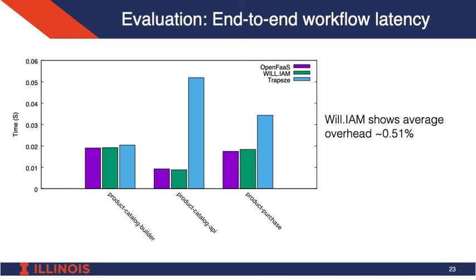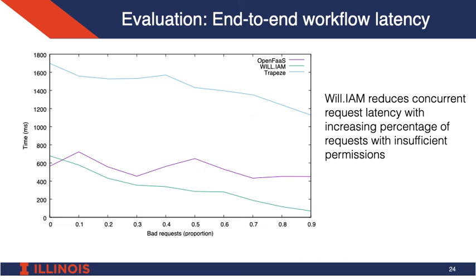In contrast, Trapeze imposes significant overheads on two of the three flows, specifically in conditions in which many data store read operations occur.